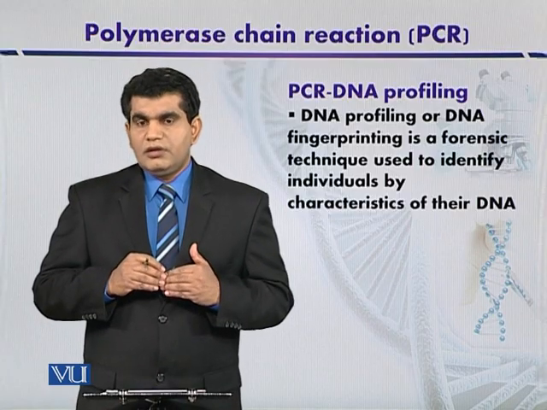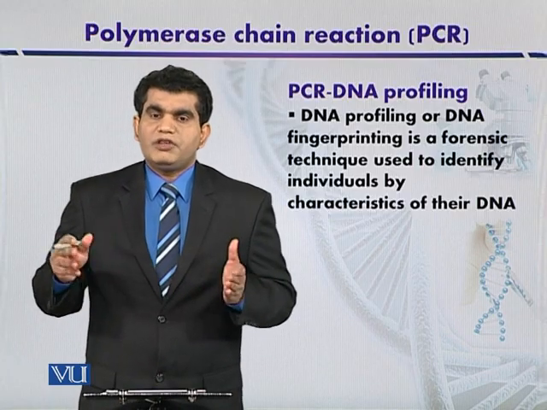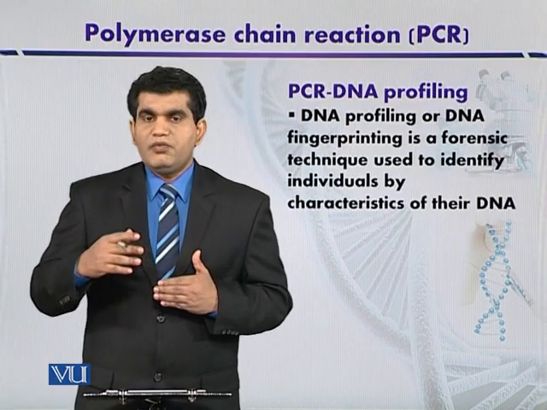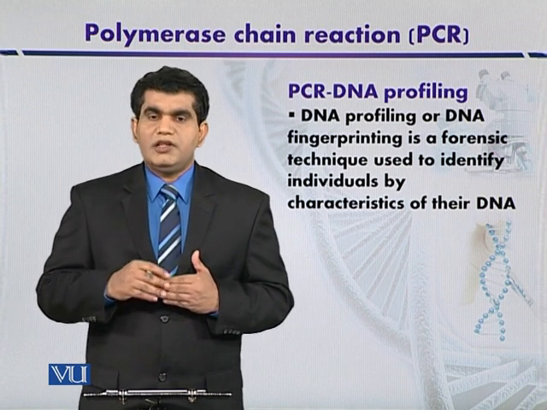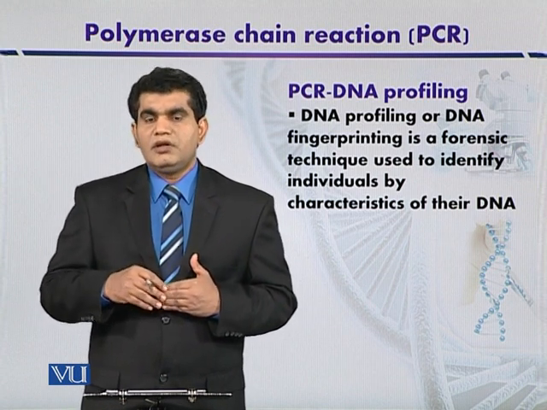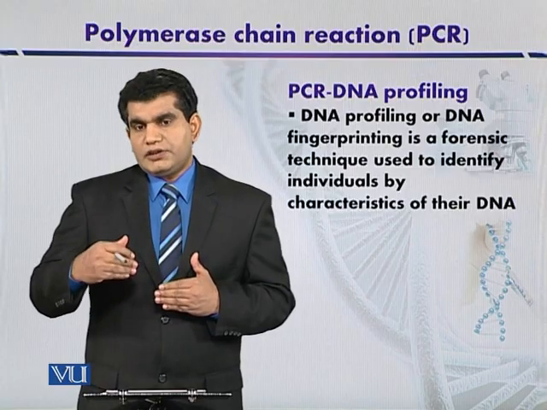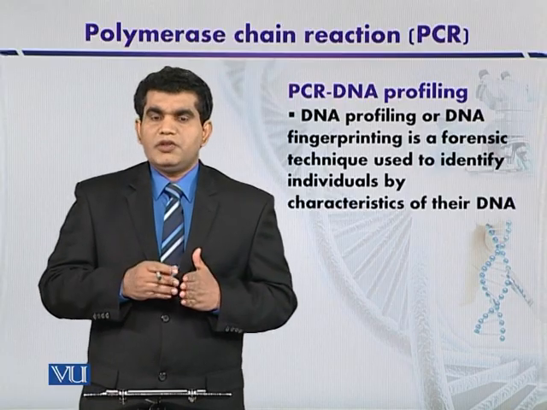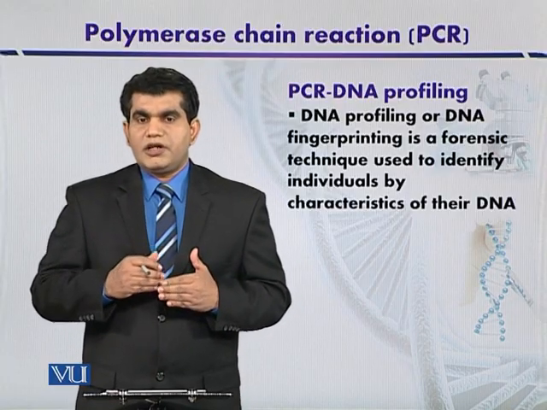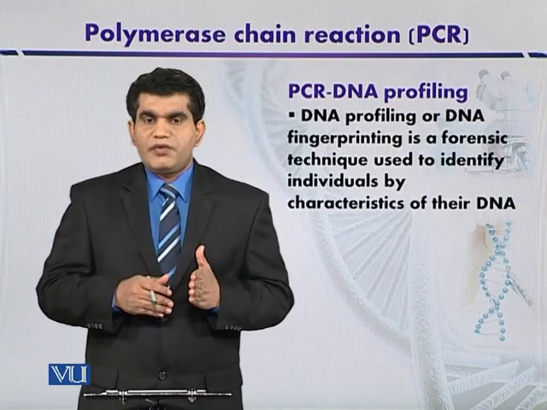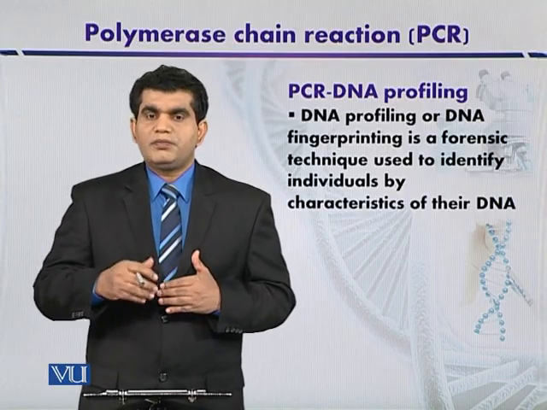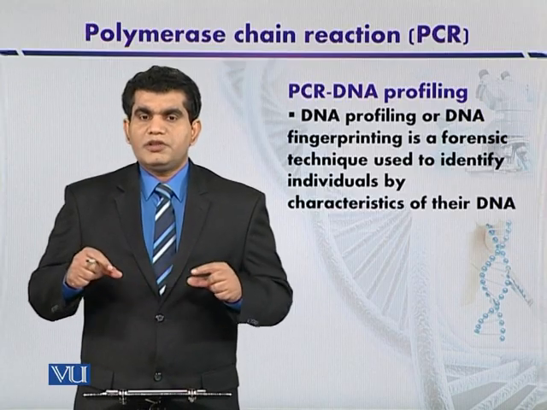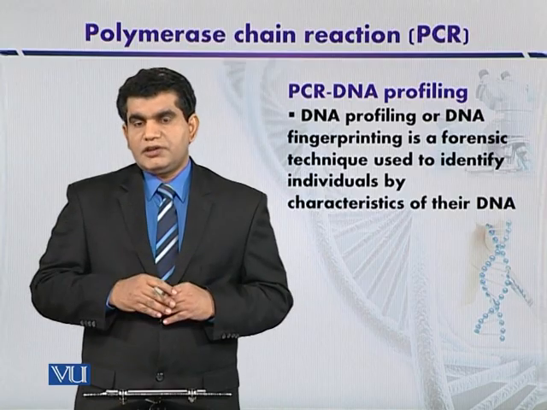As I told you, due to polymorphism, human DNA can show variation up to 0.1%, and this 0.1% variation can influence the target sites of the restriction enzymes. Like in one individual, the restriction enzyme target sites may be located differently as compared to another human individual. So these variation patterns can be exploited.